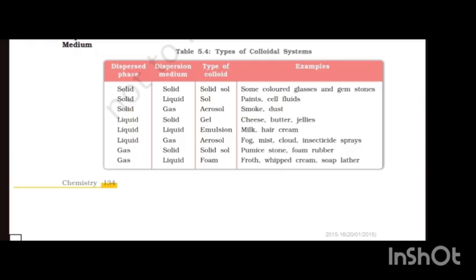Example, fog, mist, cloud, insecticide sprays. Seventh, dispersed phase gas, dispersion medium solid, type of colloid solid sol. Example, pumice stone, foam rubber. Eighth, dispersed phase gas, dispersion medium liquid, type of colloid foam. Example, froth, whipped cream, soap, leather.